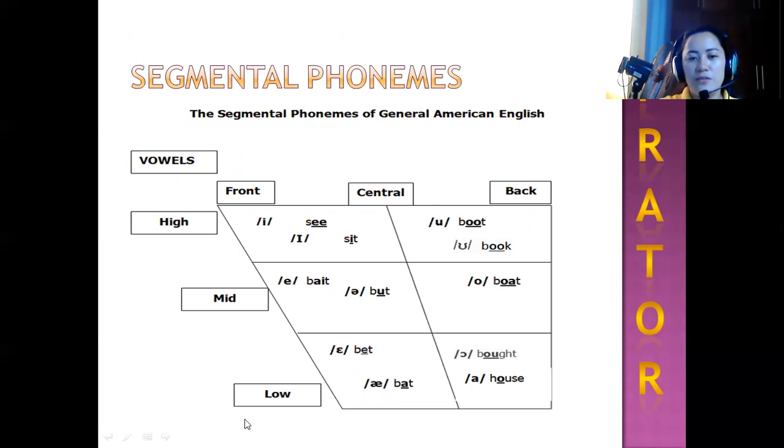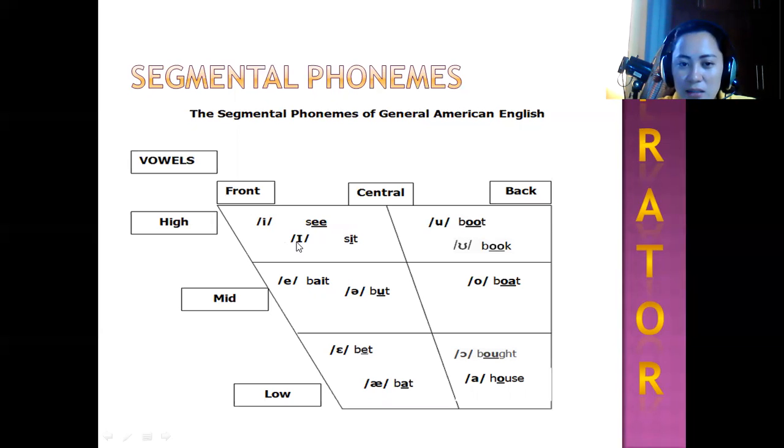If you want to name these vowel sounds the traditional way, we have in the alphabet the lowercase i, but in the phonemic symbol, this is the long E. We will call this the long E, like in the word see.